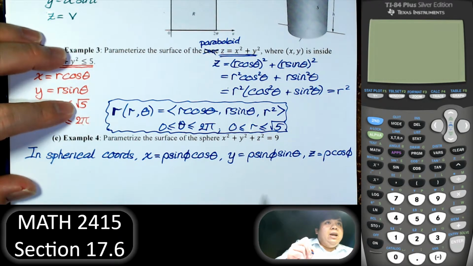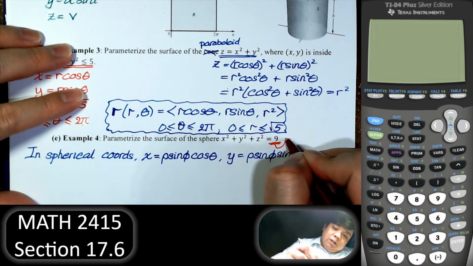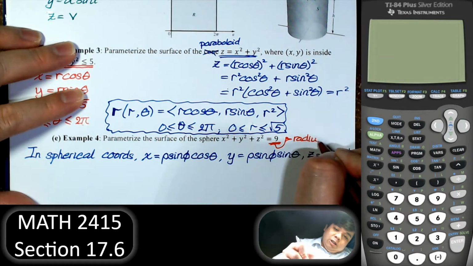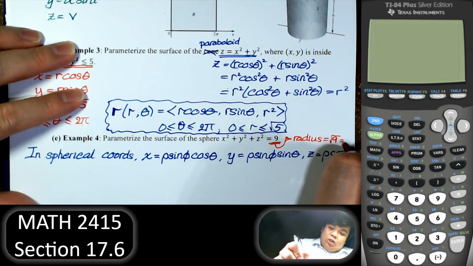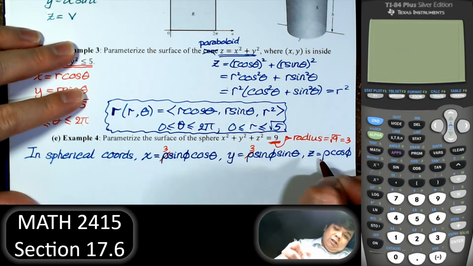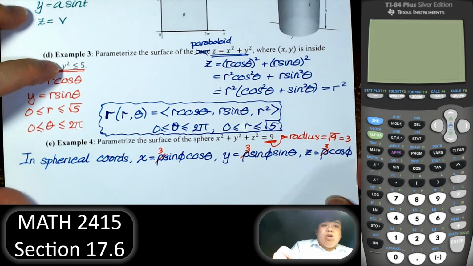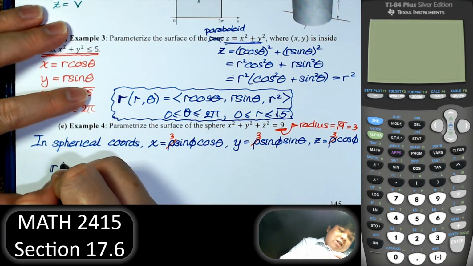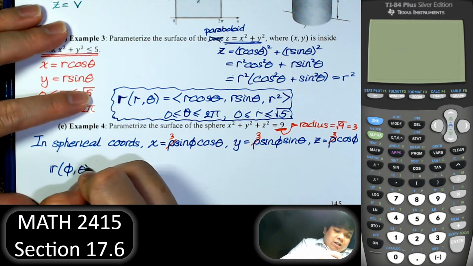Now this one, the radius is equal to the square root of 9, which is 3. So this will be 3. We're not talking about the interior, right? Besides, we can only have two parameters. In this case it will be phi and theta.